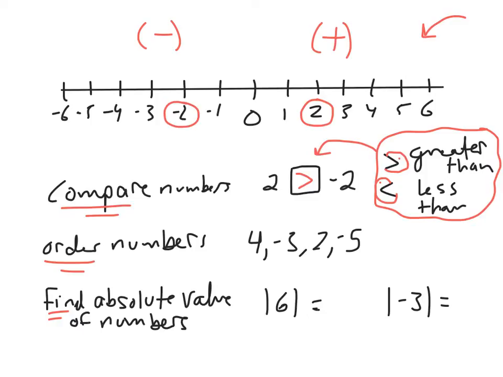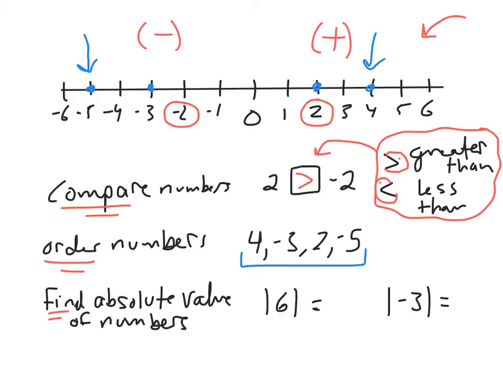To put numbers in order, it might be helpful to plot them on your number line. So if you took these 4 numbers and plotted them on your number line, 4 is here, 2 is here, -3 is here, and -5 is here, I have 4 blue dots, each dot representing one of the numbers I need to put in order from least to greatest. So my smallest value is the one furthest to the left, and my largest value is the one furthest to the right.